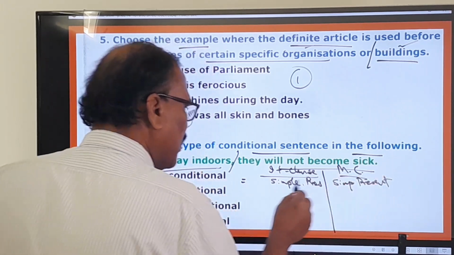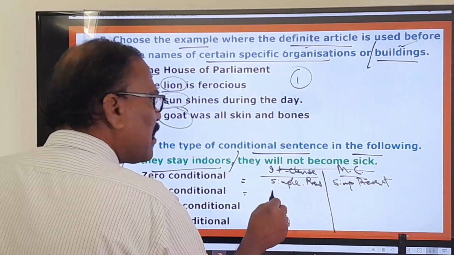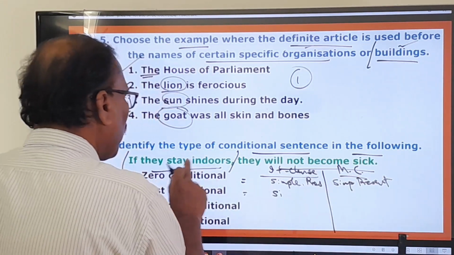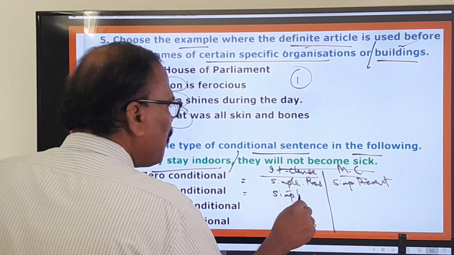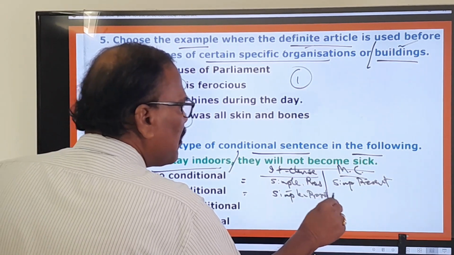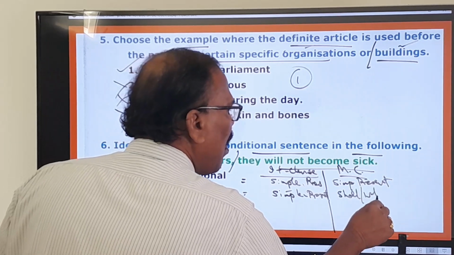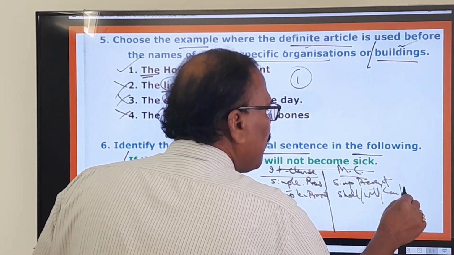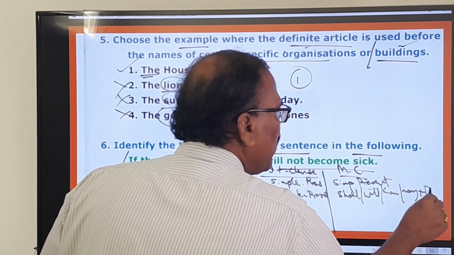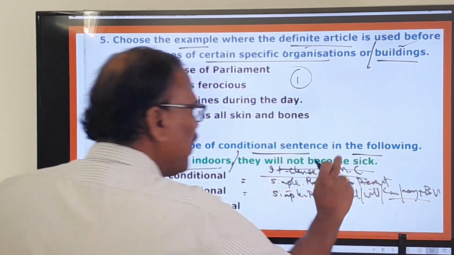Take this important thing. In the first conditional sentence, in the if clause part, there will be simple present. In the main clause part, there will be a sentence with shall or will or can or may plus base form verb.